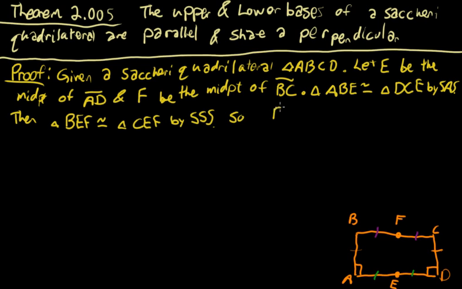So BE is congruent to CE. Let's do that in pink. So BE, I'll draw it in orange. So we'll say those two are congruent to each other.